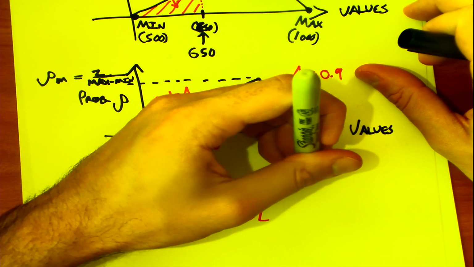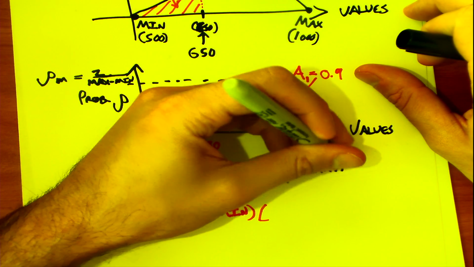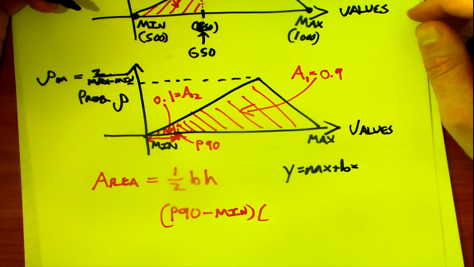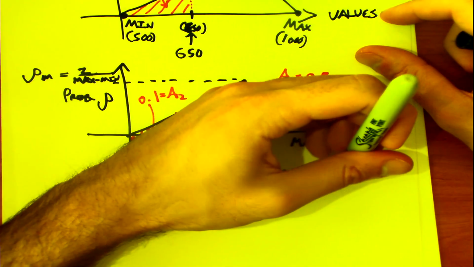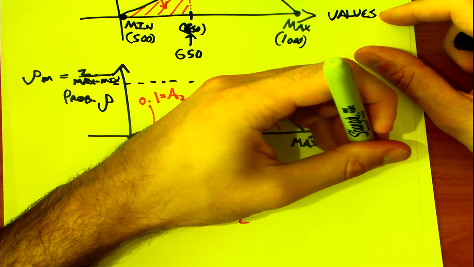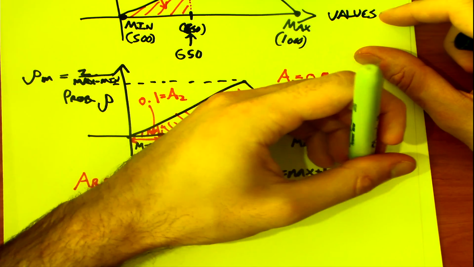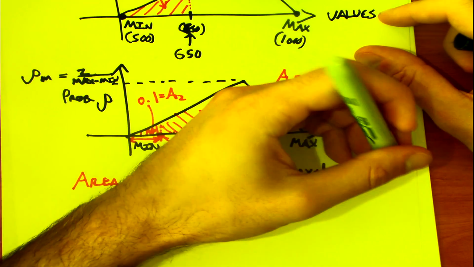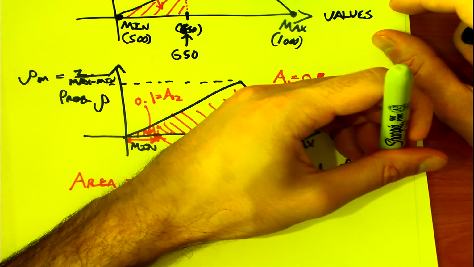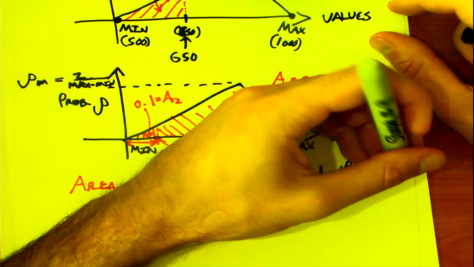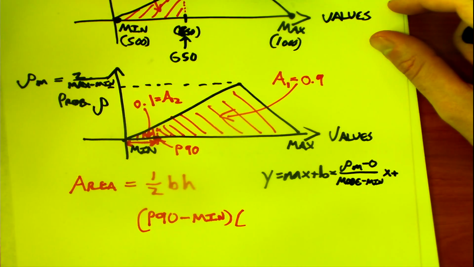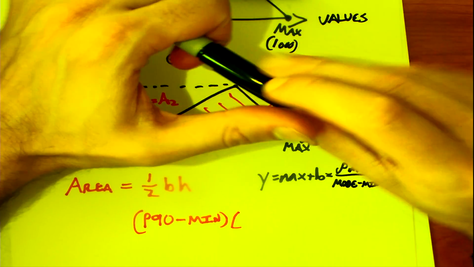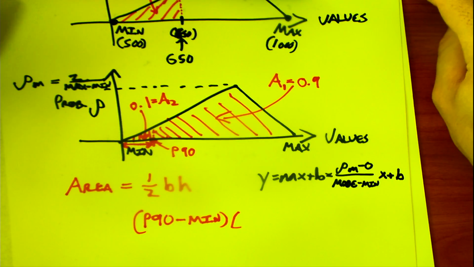So if you have y equals mx plus b, dy over dx is your slope. So rho m minus 0 over your mode minus min, times x plus b. Do your substitutions, figure out what all those need to be.